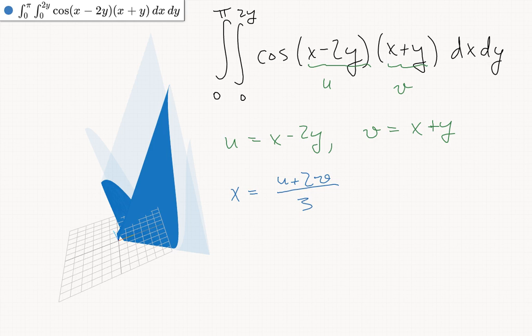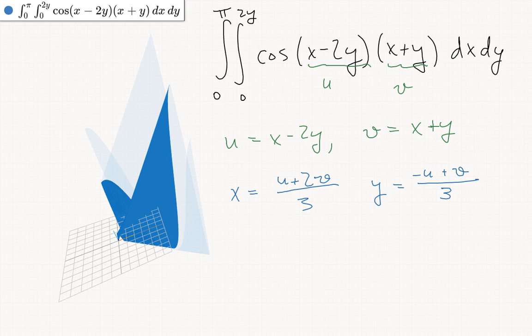So x is (u plus 2v) over 3, and y is, if we take negative u plus v, then the x's will cancel out and we'll have 3y, so y is (negative u plus v) over 3.